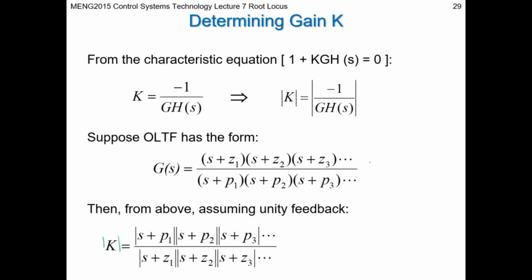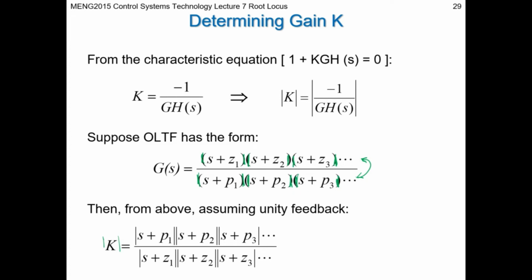So we're just flipping this equation: all the poles come on the numerator, all the zeros go on the denominator, and then we take the modulus of it. To take the modulus of the overall equation, instead of taking the whole thing, we take the modulus of each term. The modulus is the magnitude, right? So we're taking the magnitude of each of these poles and zeros.